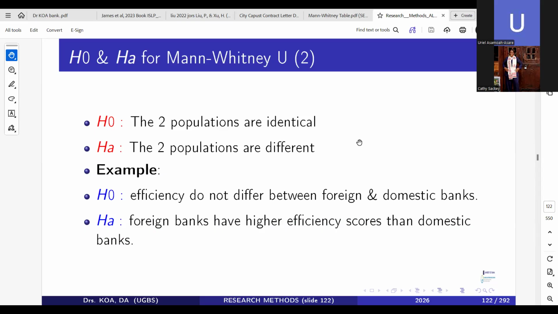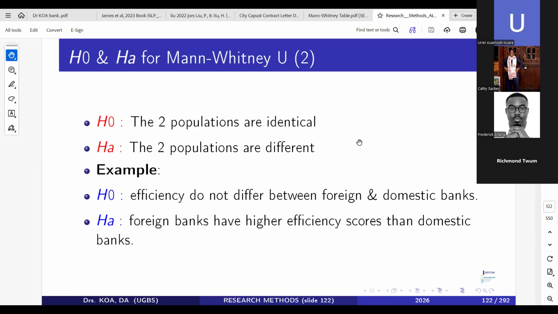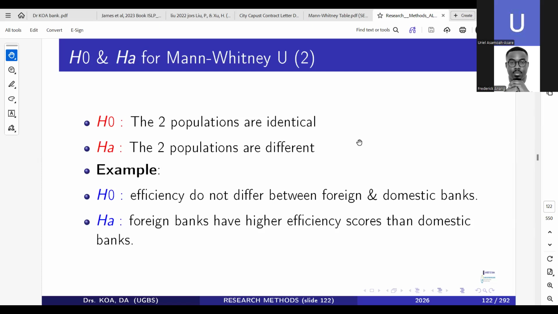You know, lower or the same. Yeah, I know you are forcing the thing. Richmond, come and say some. Oh, Prof, I would have said foreign and domestic banks have similar. No. You can't go there. No. That one is unexpected.